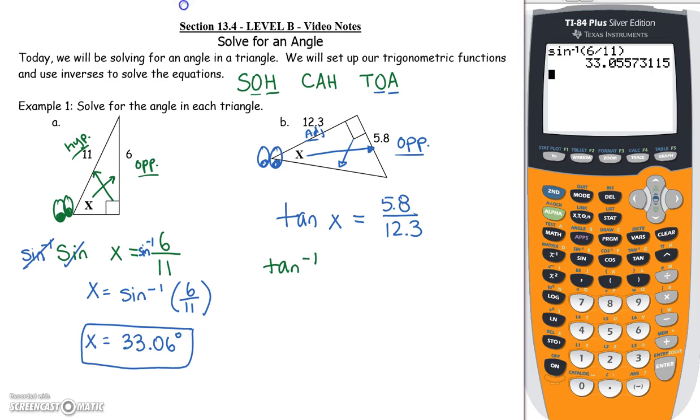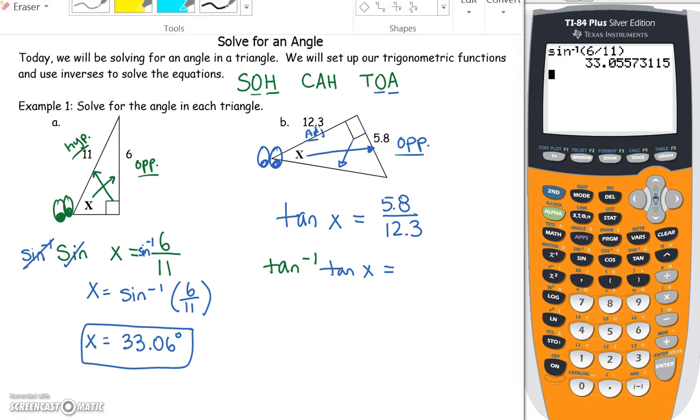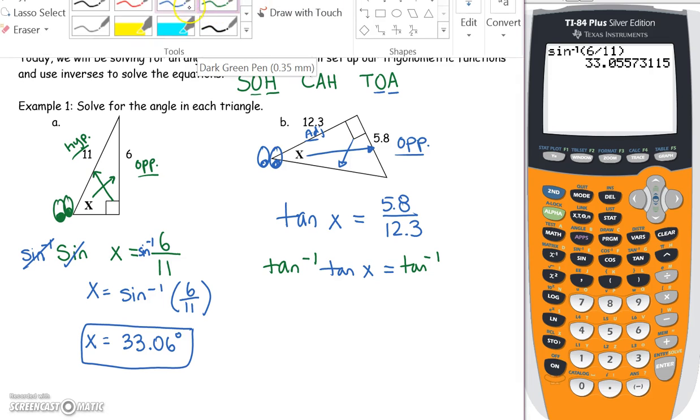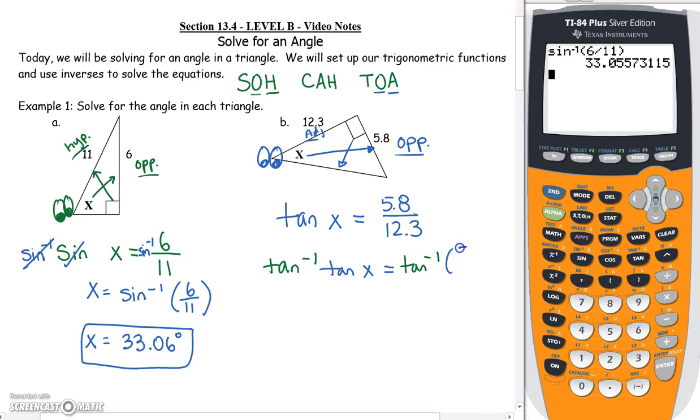So we're going to do tangent inverse on the left side of the equation as well as the right side of the equation. Notice that we're always putting the inverse once again on the left side of both sides. Tangent inverse and tangent cancel each other out, leaving us with x equals tangent inverse of 5.8 divided by 12.3.